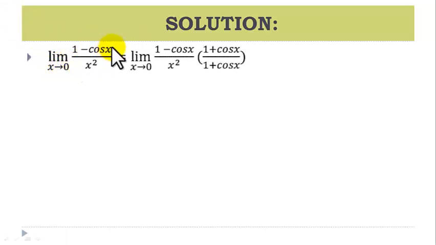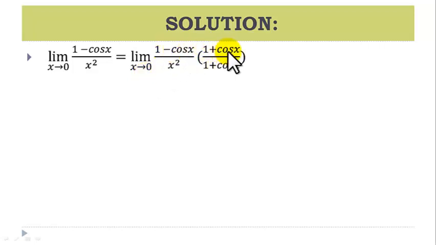The limit of (1 minus cos x) over x squared as x tends to 0 can be expressed as the limit of (1 minus cos x) over x squared times (1 plus cos x) over (1 plus cos x) as x tends to 0.